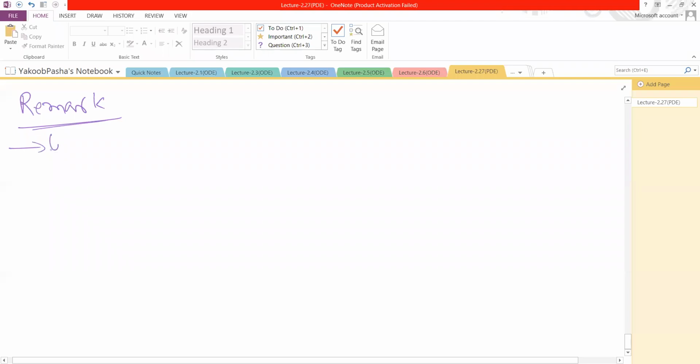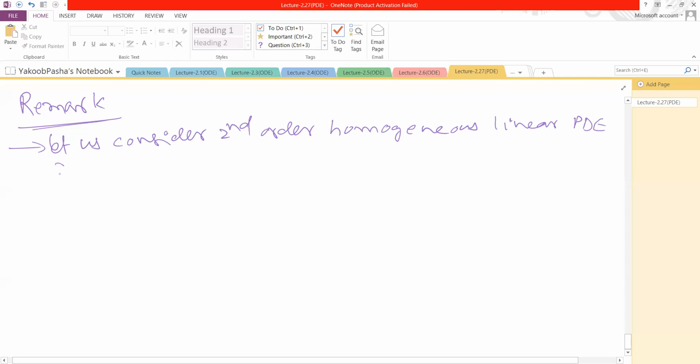First, let us consider a second order partial differential equation, PDE. That is second order homogeneous. In particular I am taking a homogeneous linear partial differential equation of the form: dou square z by dou x square plus a1 into dou square z by dou x dou y.